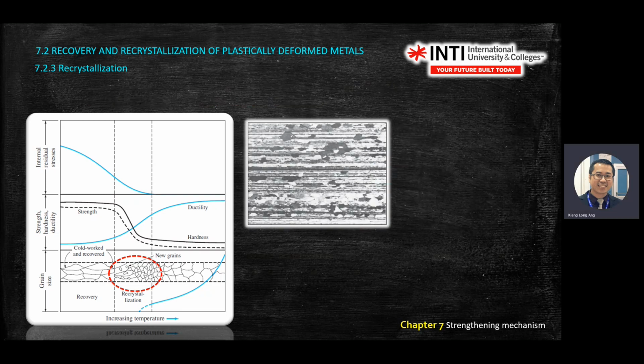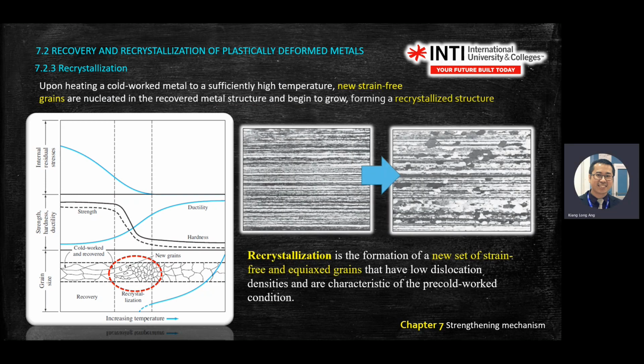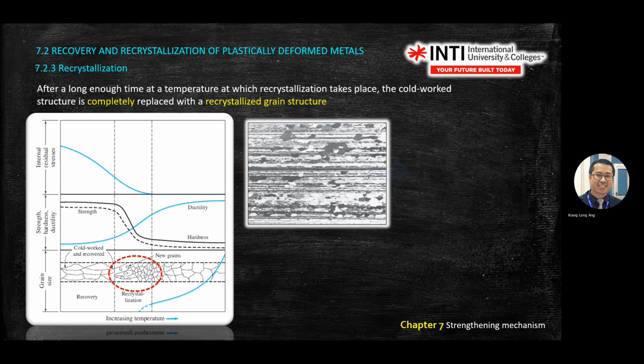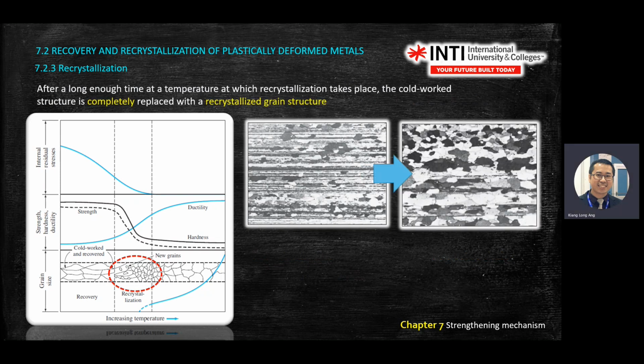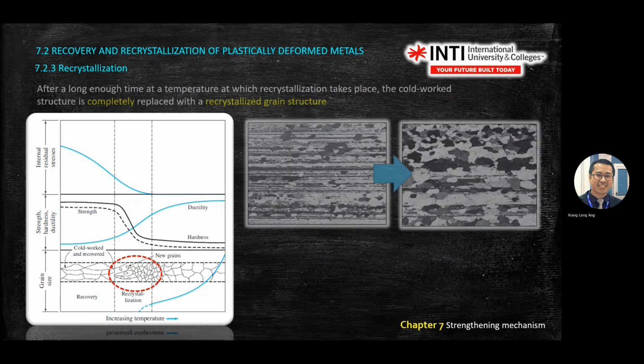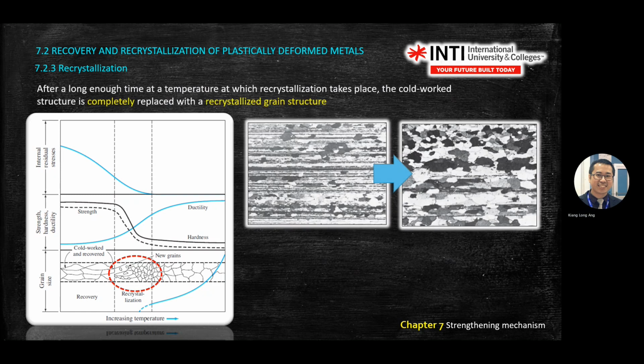Then you can see it start from the middle one, recrystallization. Then you have more grain here. Okay, more grain. Okay, then if the time is long enough, at the temperature, recrystallization takes place.